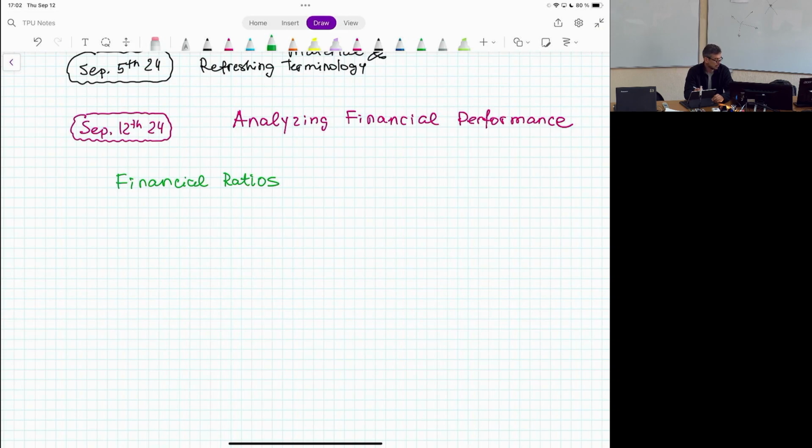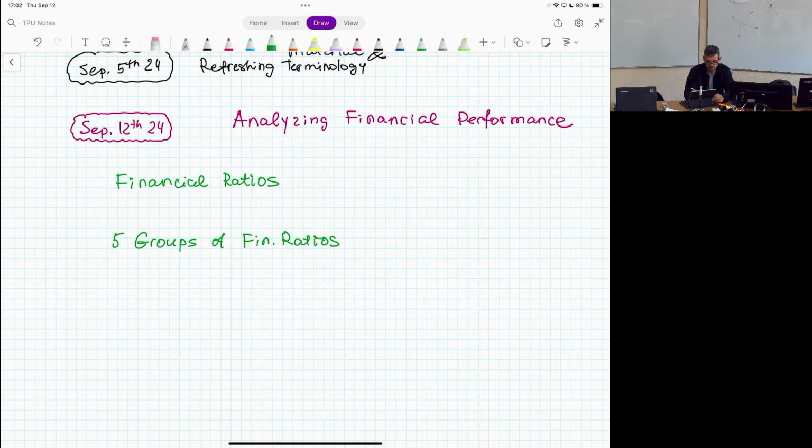So we'll talk about the concept of financial ratios, and we will talk about the 5 groups of financial ratios.